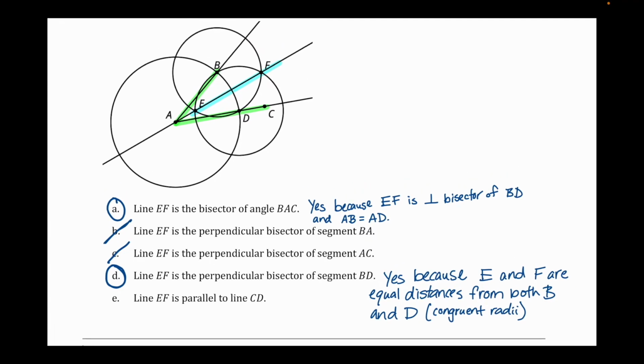Okay, very last option here is that line EF is parallel to line CD.